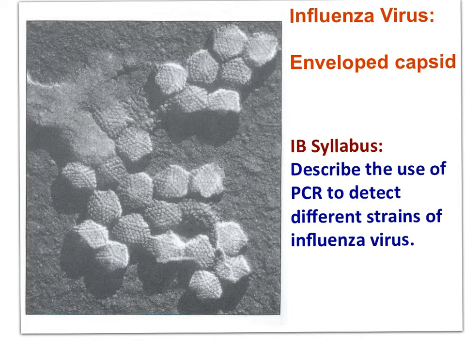Here is a scanning electron micrograph of the influenza virus. Influenza virus is an RNA virus, so the primer targets viral RNA before reverse transcriptase copies the viral RNA into DNA. Once PCR amplifies the quantities of viral DNA, detection is possible.